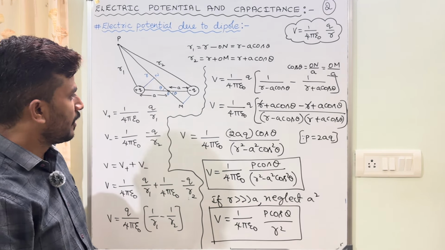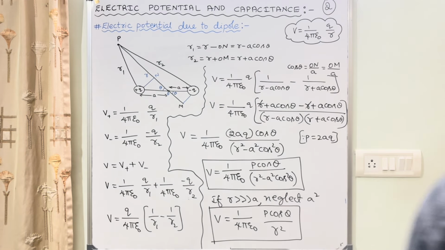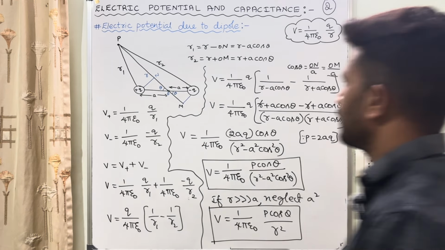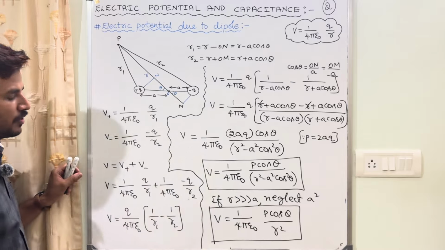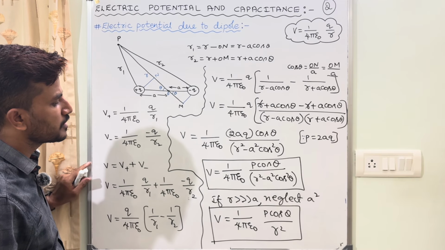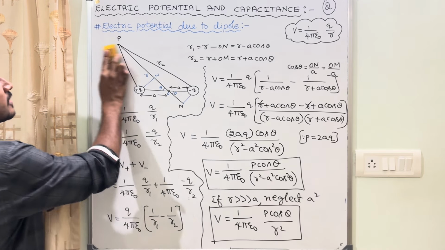Okay. Now write it down. Done. Now, how does the graph of electric potential due to dipole with respect to distance vary? Let us discuss it now.